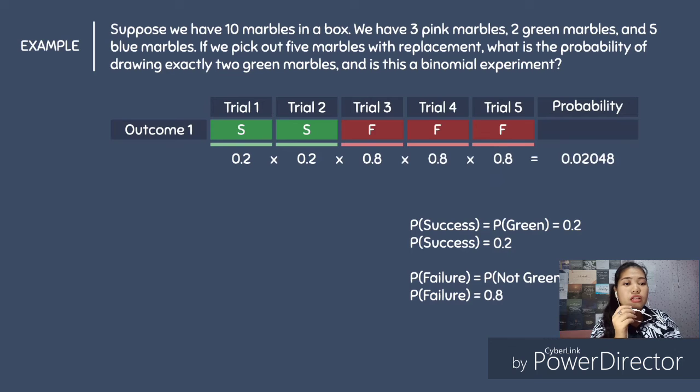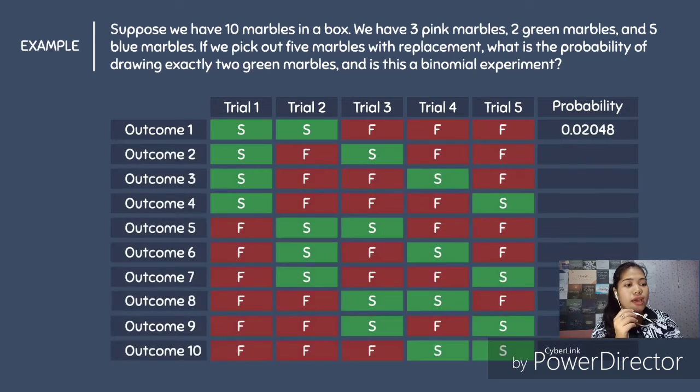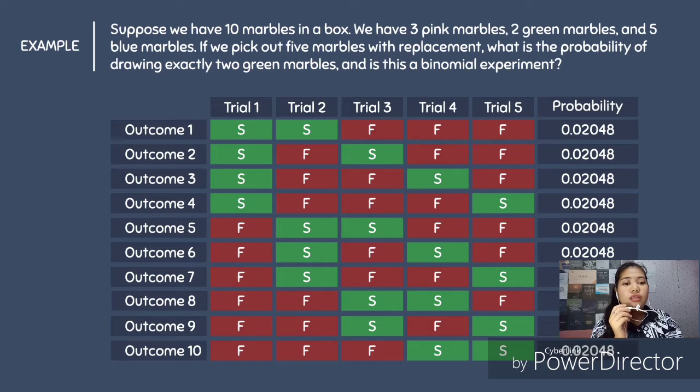If we do similar calculations for the rest of the outcomes, we should also get an answer of 0.02048. Notice how each of these 10 outcomes has the same probability. The reason for this is because each outcome has 2 successes and 3 failures, so it makes sense that they will have the same probabilities.